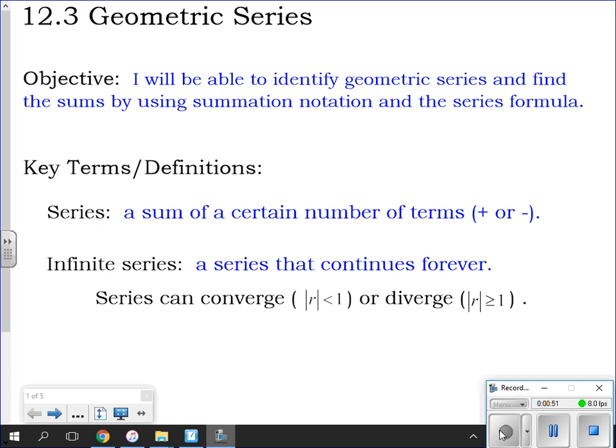If the absolute value of r is less than 1, they converge and you can add them together and find a total. If it is larger than 1, let's say you're multiplying by 3 each time, it grows infinitely, it diverges, and there is no total that you can find. But you can add an infinite number of numbers together and get a total. It'll make a little more sense when we get there, hopefully.